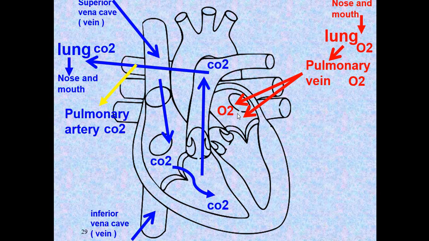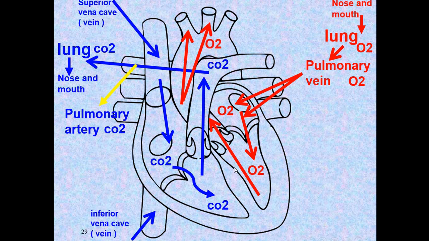Then the left atrium will pass the blood to the left ventricle. Here is the left ventricle. So the left ventricle now contains blood rich with oxygen. Then the left ventricle will pump the blood to the aorta, the biggest artery in our body.